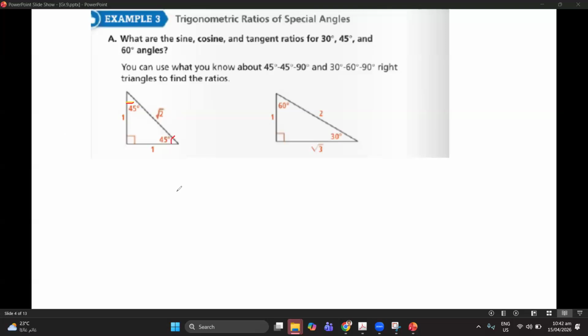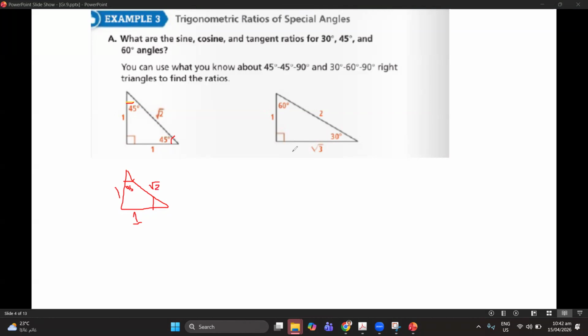If we assume that both angles are 45, and that one side length is 1, what will the second side length be? Remember that both angles are 45. So the second side is 1. Excellent. And the hypotenuse will be, remember, 1 times square root of 2. So it will be square root of 2.